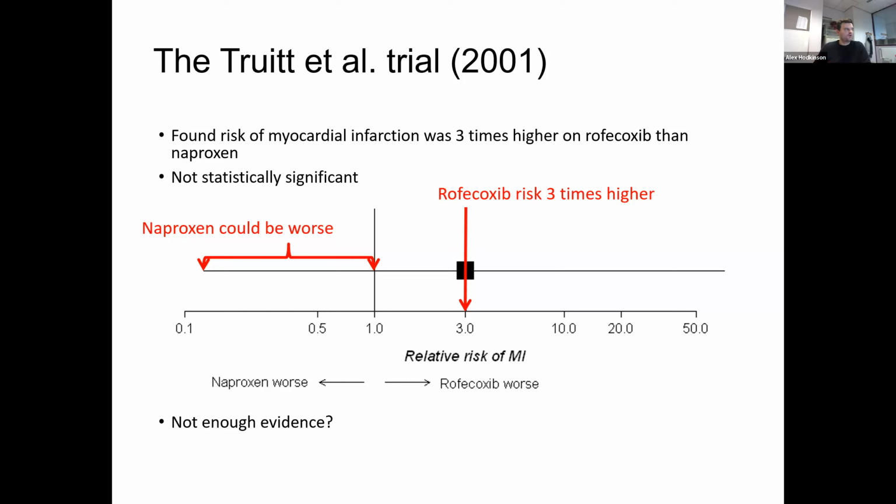Sorry, naproxen could be a worse treatment in this scenario. So we've got these 2 trials, one showing a significant increase in myocardial infarctions, and another showing that there's not a statistically significant increased risk. Based on these 2 individual trials, we don't have enough evidence to withdraw the drug from the market.